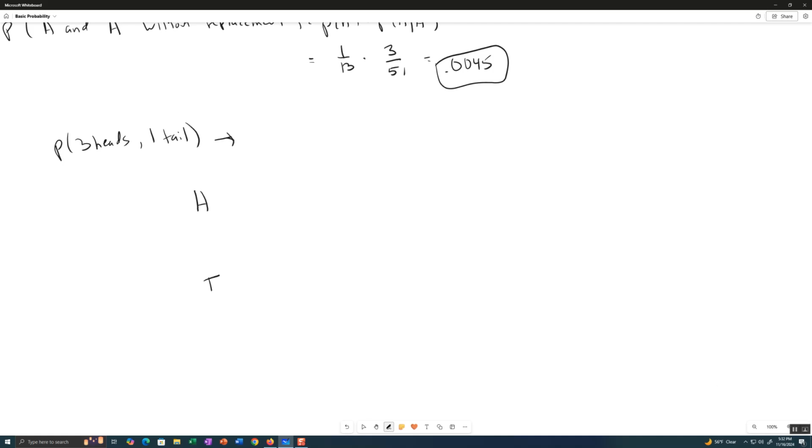Heads, tails, heads. So this is flip 1. This is flip 2. This is flip 3. A little sloppy with the tail, sorry about that. And then we have flip 4.